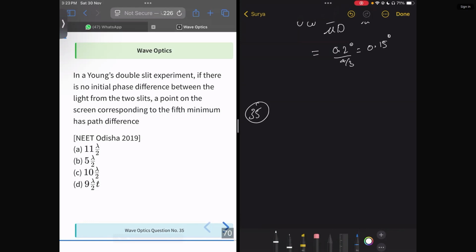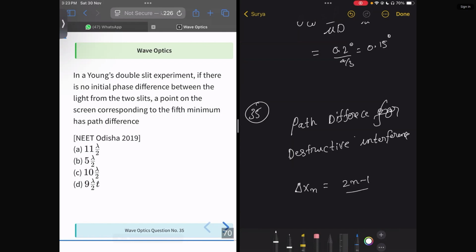So the path difference for destructive interference in a double slit experiment is delta xn equal to 2n minus 1 divided by 2 into lambda, where n is an integer.